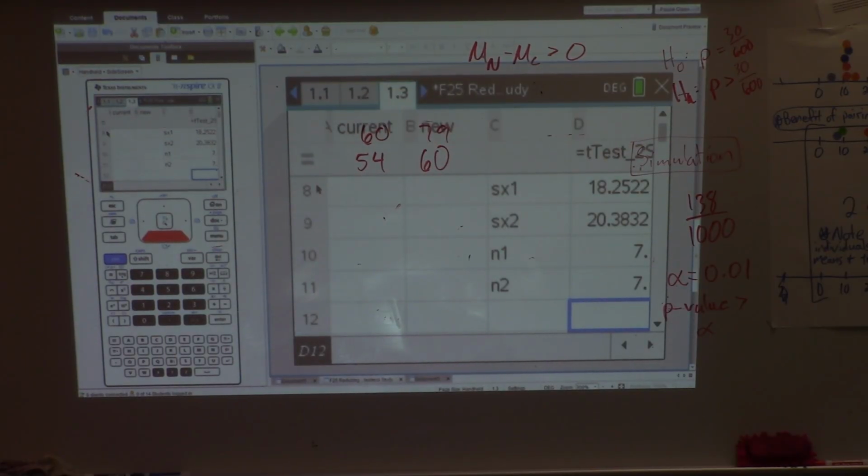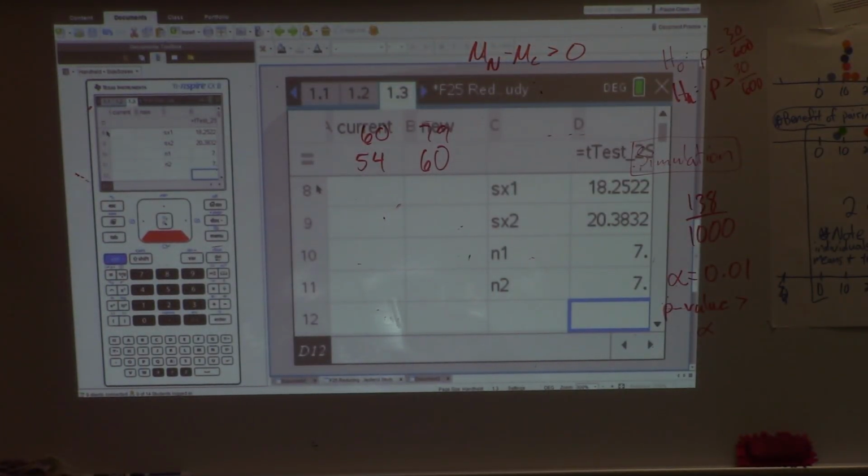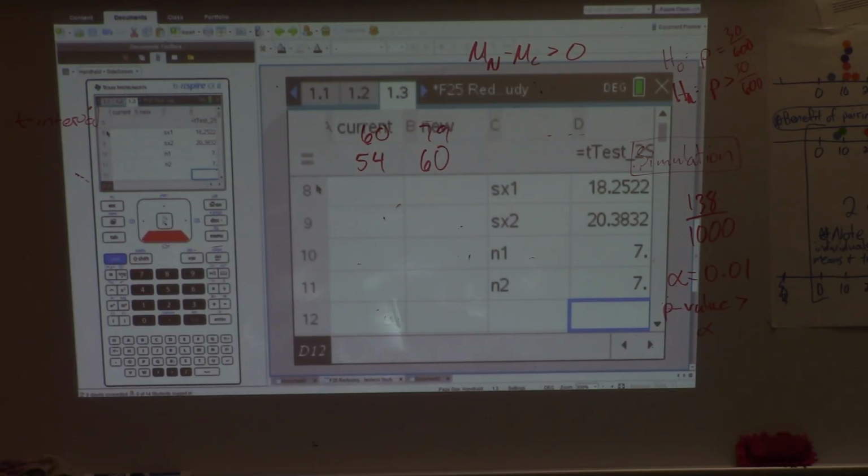How would I do my confidence interval here? T interval, correctly. Okay, so it would be a 2-sample t interval, I agree, but come on, when I actually get to the calculate portion, what else do I need?